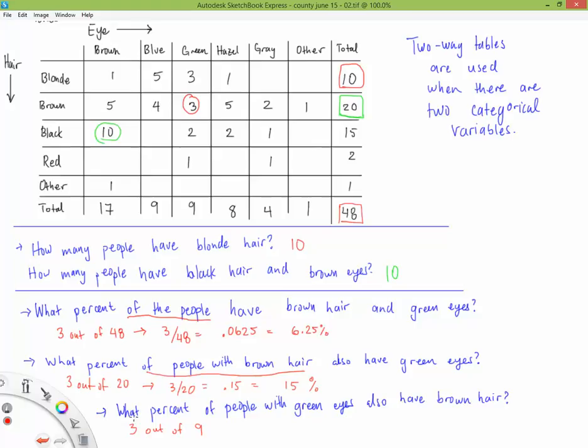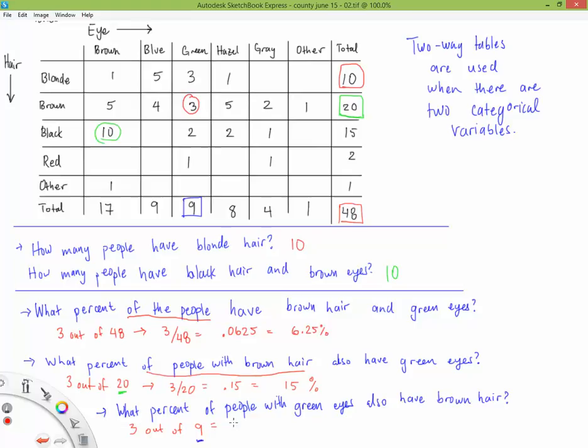Okay, so what percentage of people with green eyes also have brown hair? So we're still looking at the same people, right? There are 3 people with brown hair and green eyes, but now we're looking at these 9 people who have green eyes. There are a total of 9 people with green eyes total. So we're going to say 3 out of 9.